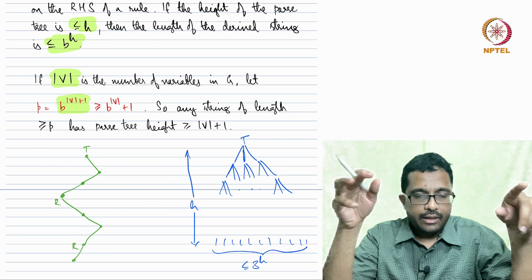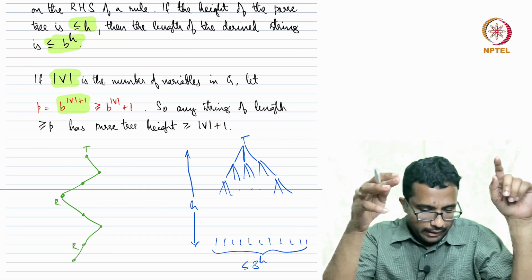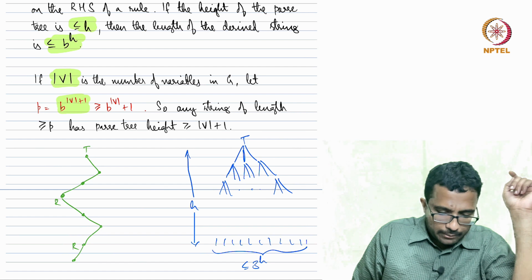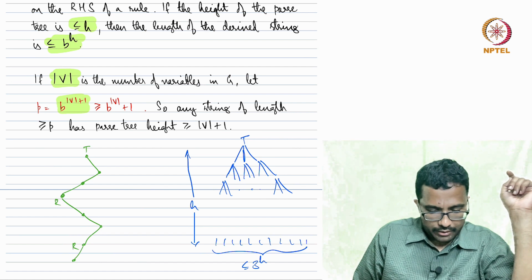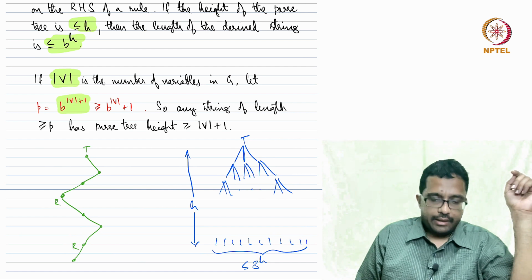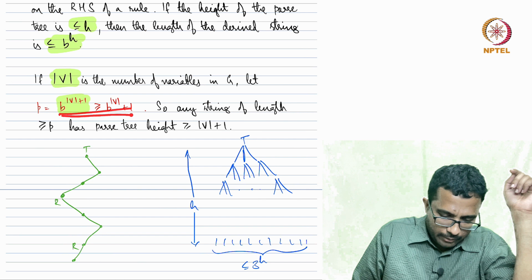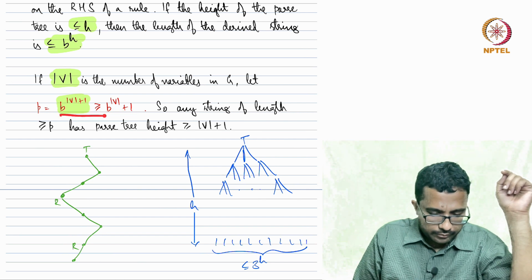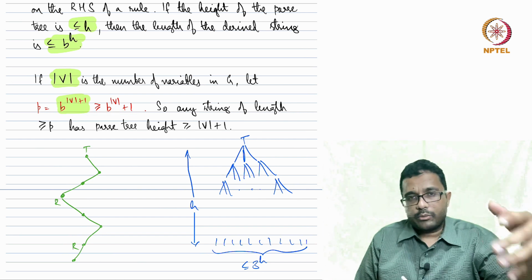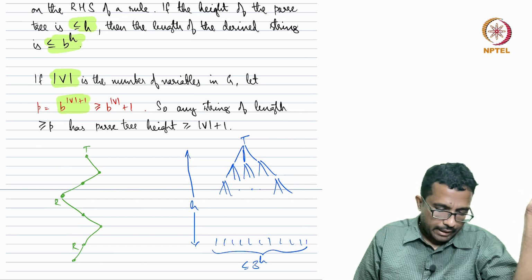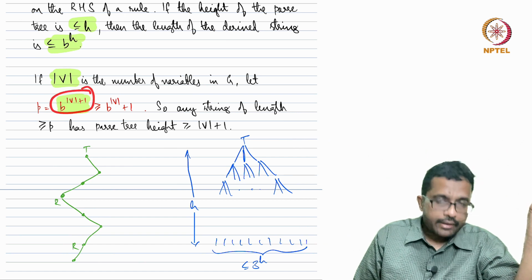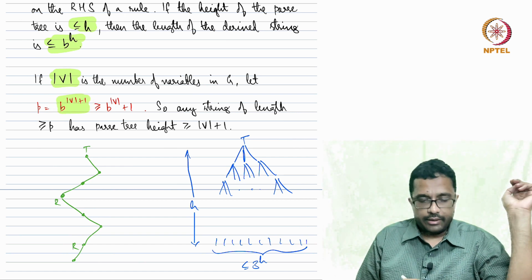So it's b raised to v plus 1, not b raised to v, plus 1. Clearly this is at least b raised to v plus 1, because here the 1 is in the exponent, here the 1 is outside. So this is the pumping length: b power v plus 1, where v plus 1 is the exponent.